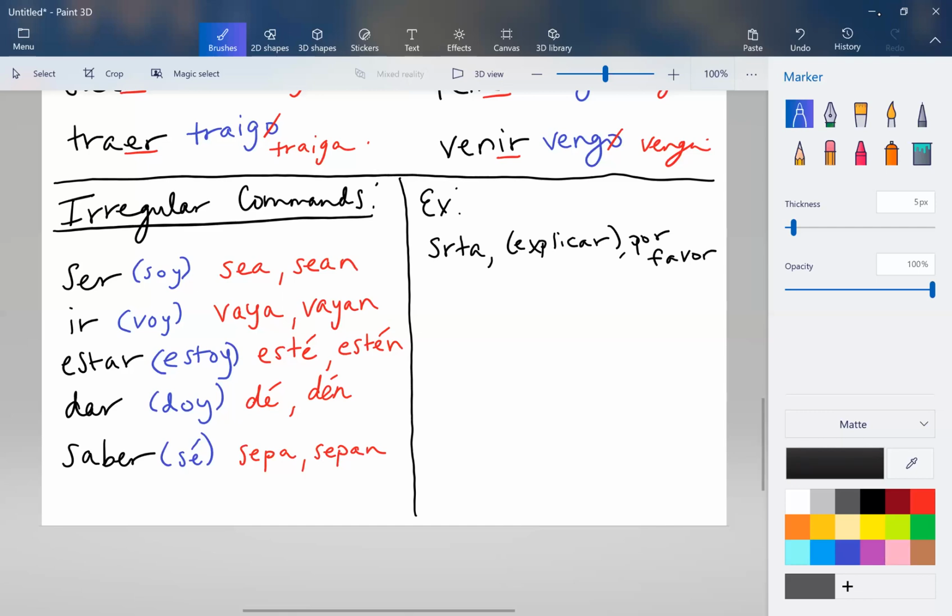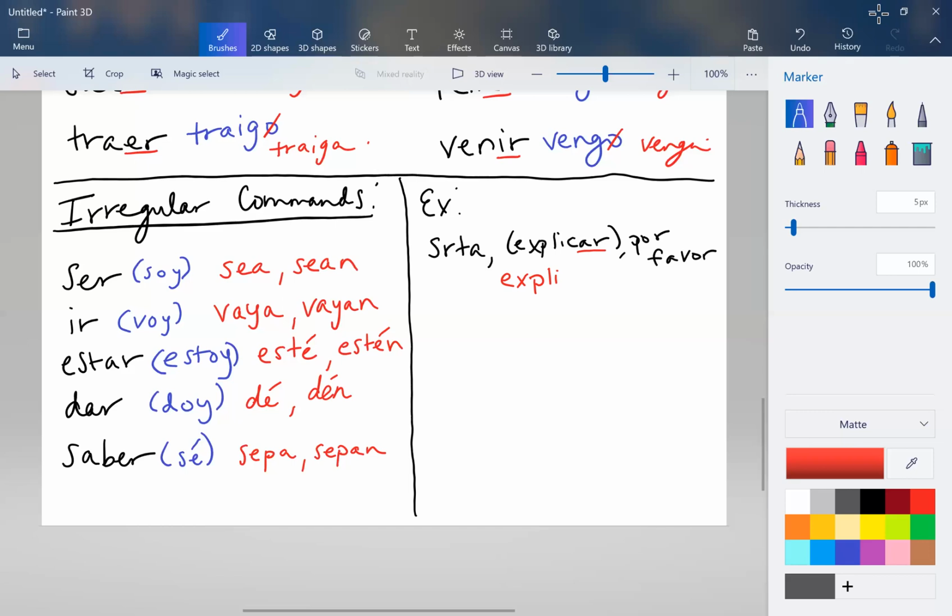I'm one person. This is an AR verb. So what would it be? Explicar. And with an E.